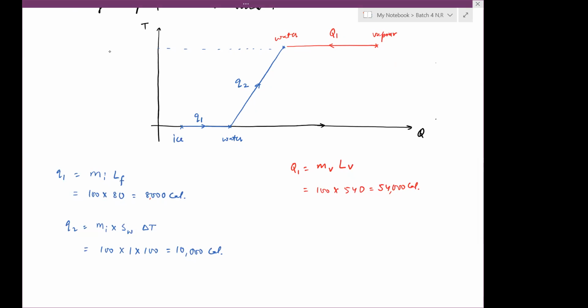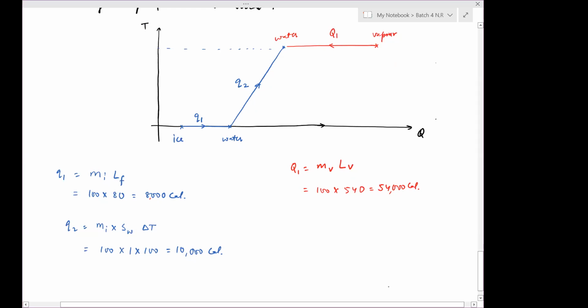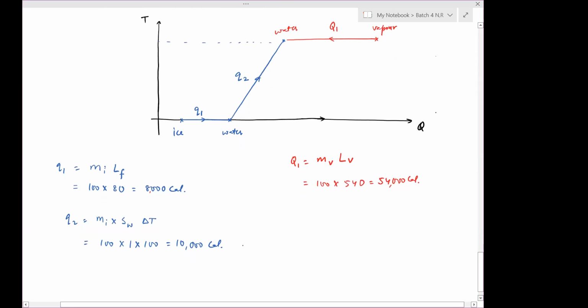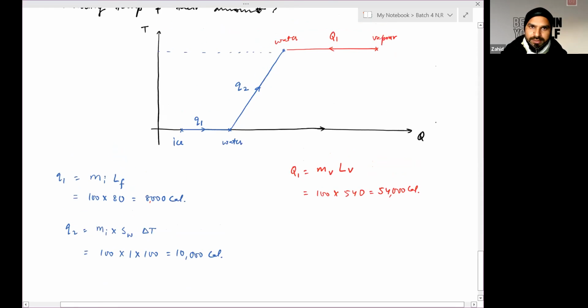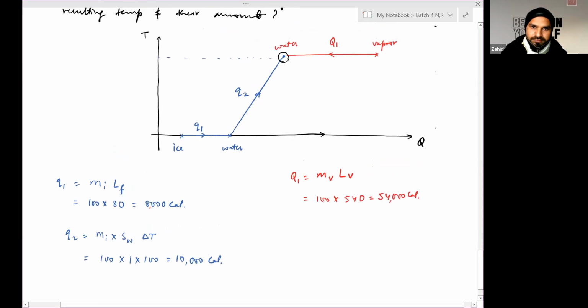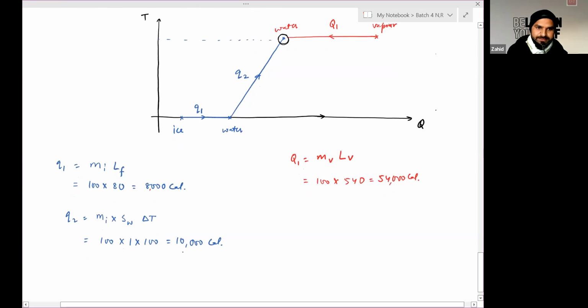Now, if you add Q1 and Q2 terms, it means we have reached up to this part. So total amount at this part is 100 gram ice and 100 gram vapor. So we have total 200 gram of water and still having some amount of heat energy in this particular system. Let me simplify it.